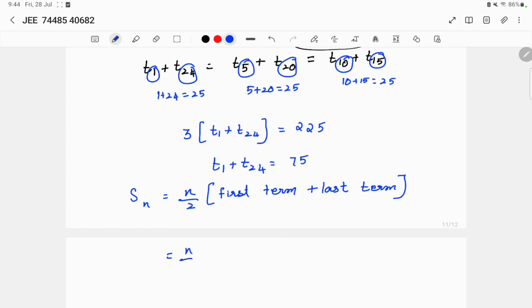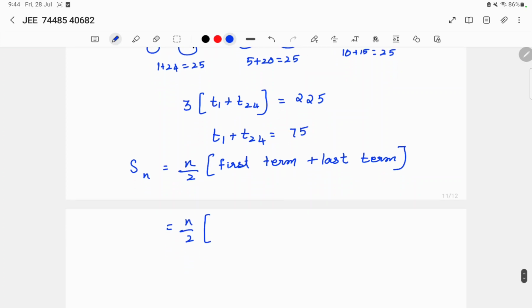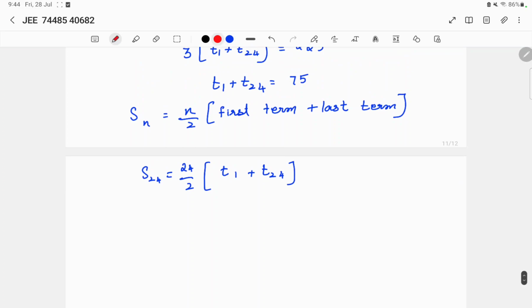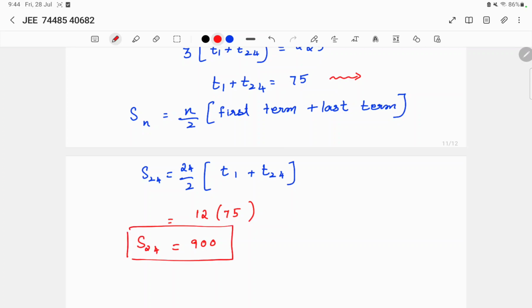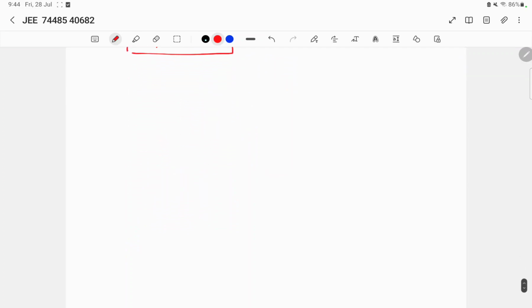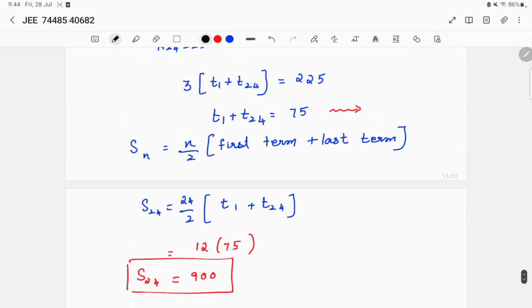So this will be equal to n by 2, the first term T1 and the last term T24, and n is 24 here. We already have T1 plus T24, so we just substitute: 24 by 2 is 12, and here 75. So 12 into 75 is 900. So we got the sum of 24 terms as 900. This is the answer for the first question.